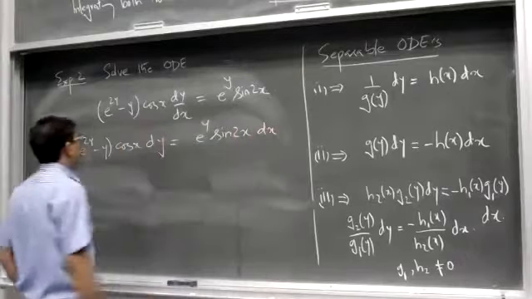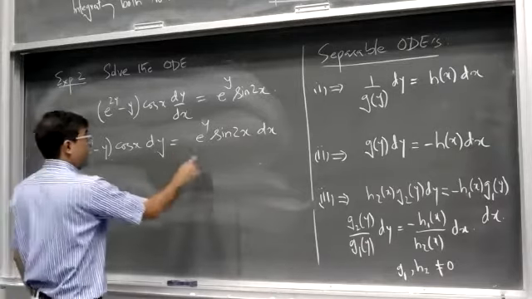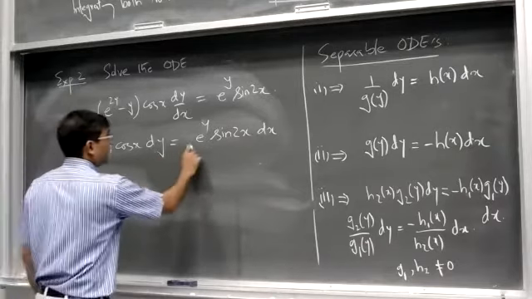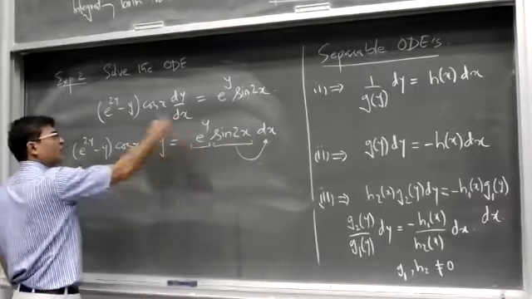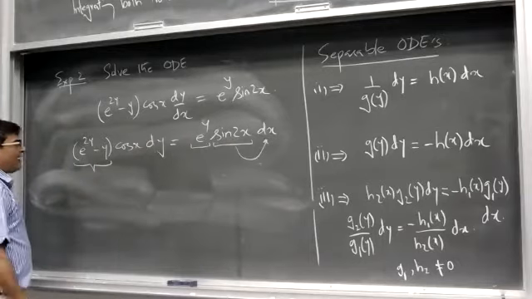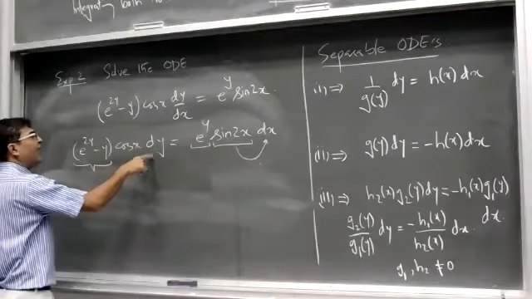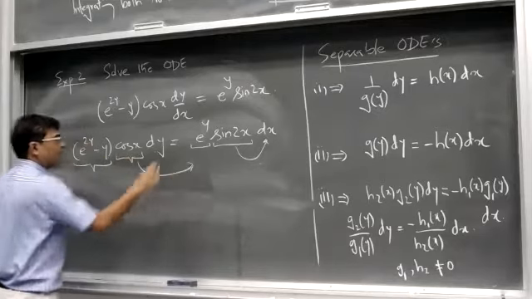Okay, once we have separated dy and dx, then we see accordingly which function goes where. So this is a function of y. This is a function of x. This will stay with dx. This will go on the other side. Now here you have a function of y. It should stay with dy, and this function cosine of x, it should go on the right hand side.